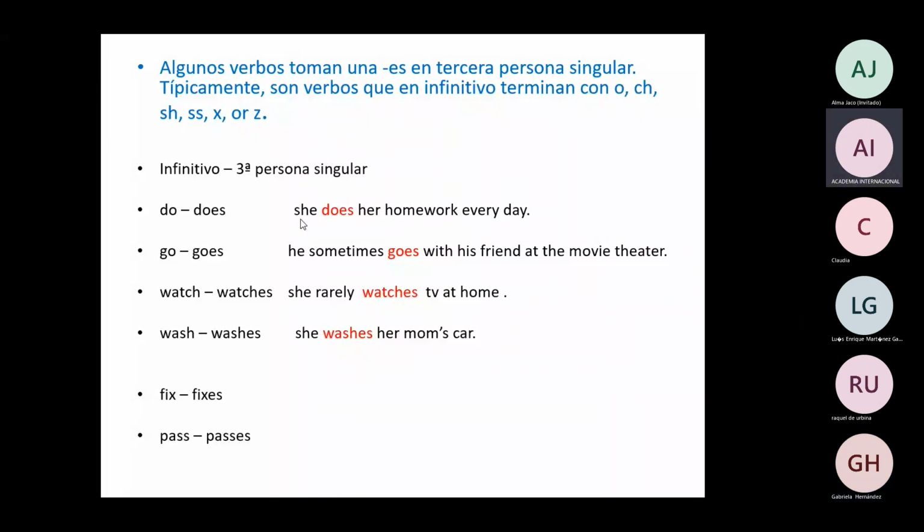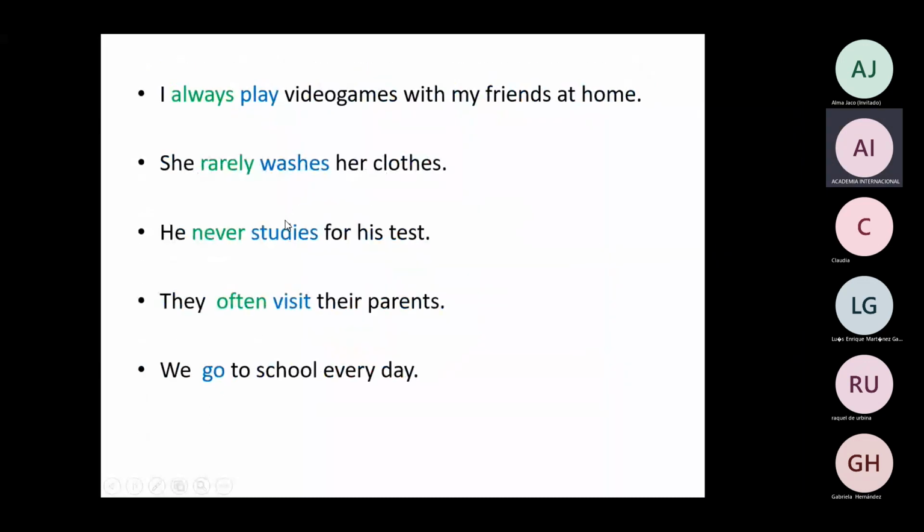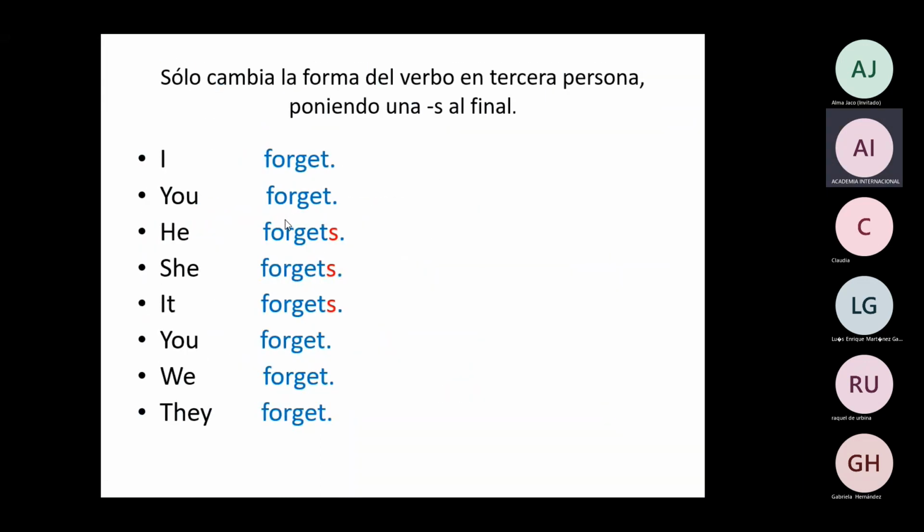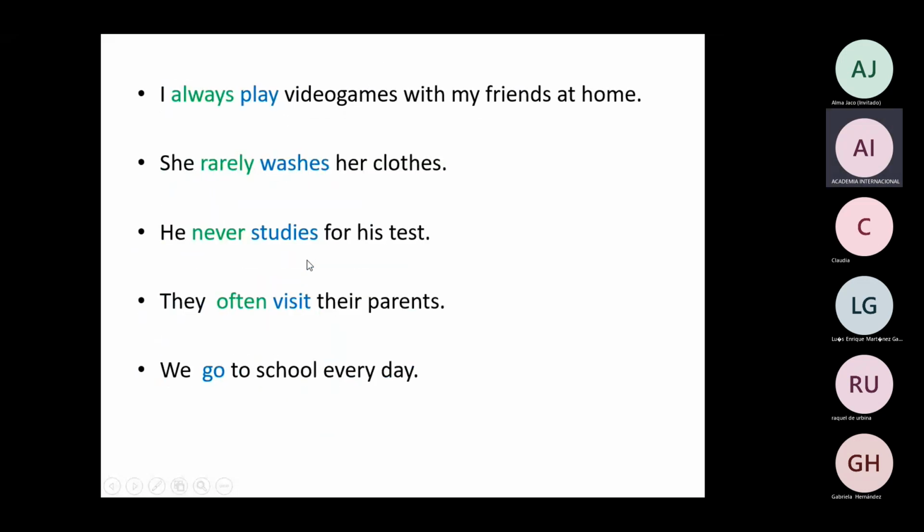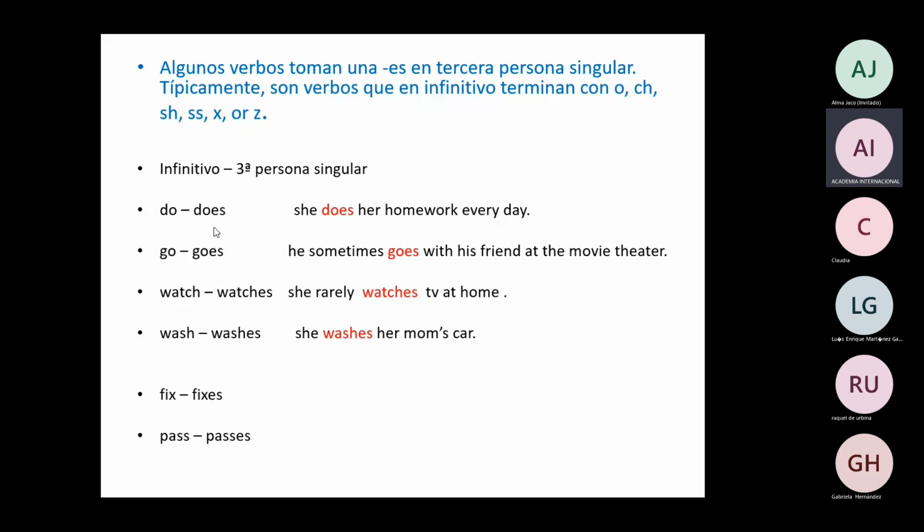Entonces, por eso se usa does y no do. Porque habíamos dicho que, como está aquí, he, she, and it, we use a letter S at the end of the verb. Okay. And that's why we have to use does in this sentence.